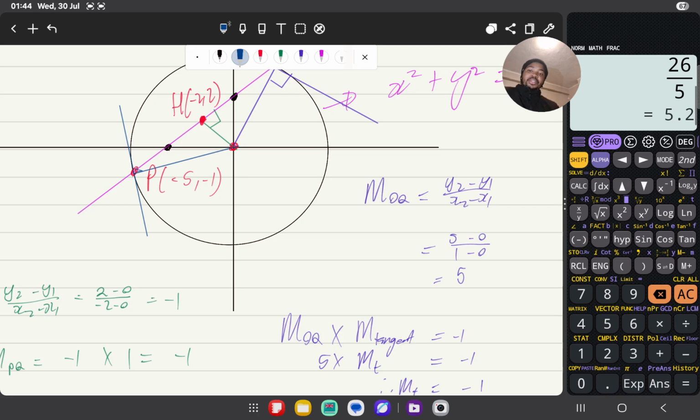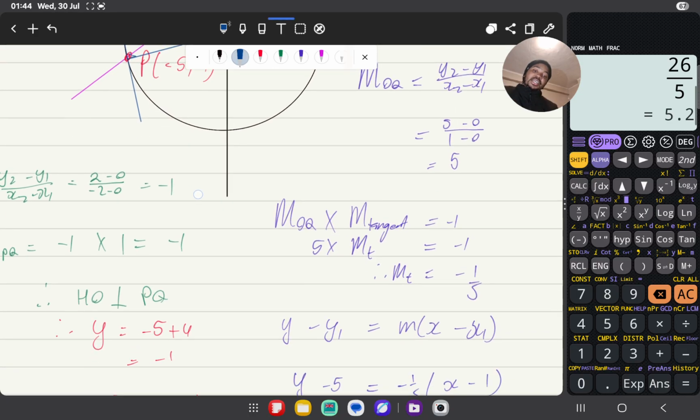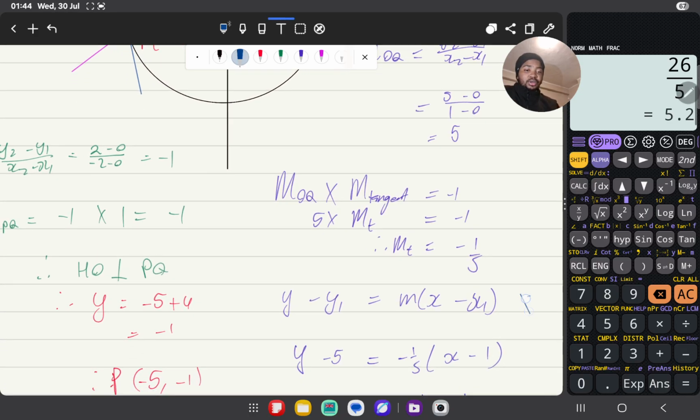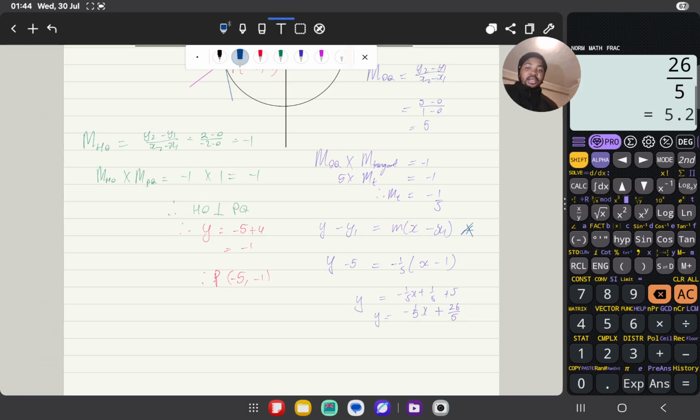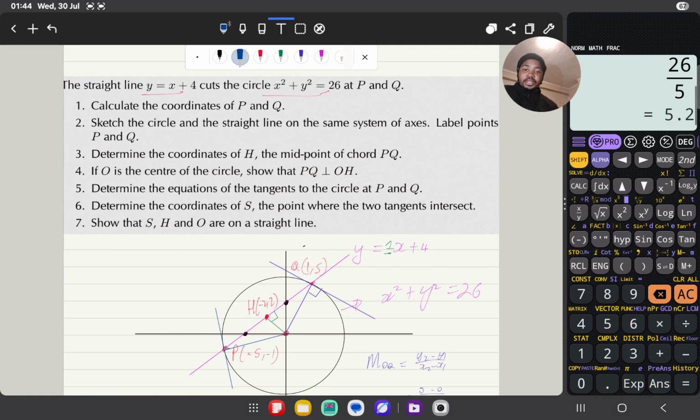After finding the gradient of OP, you say the gradient of OP times the gradient of the tangent is minus 1. That helps you find the gradient of the tangent. After that, you substitute, and eventually you get your answer. It's literally the same.